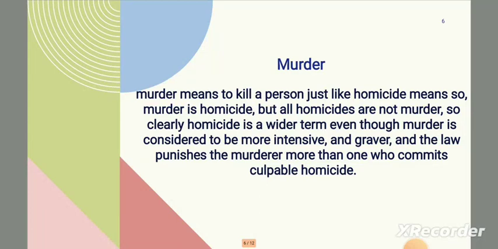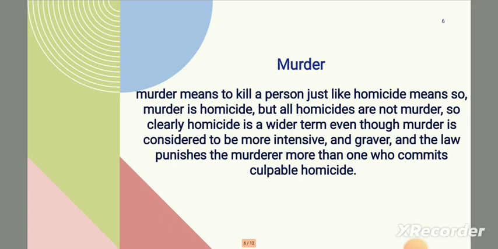Now we are going to talk about murder. Murder means killing a person, just like homicide means. So murder is homicide, but all homicides are not murder. So clearly homicide is a wider term, even though murder is considered to be more intensive and graver, and the law punishes the murderer more than one who commits culpable homicide.